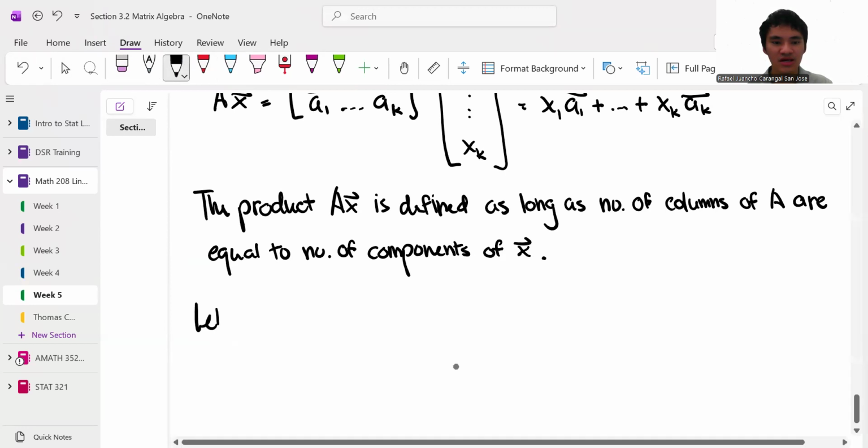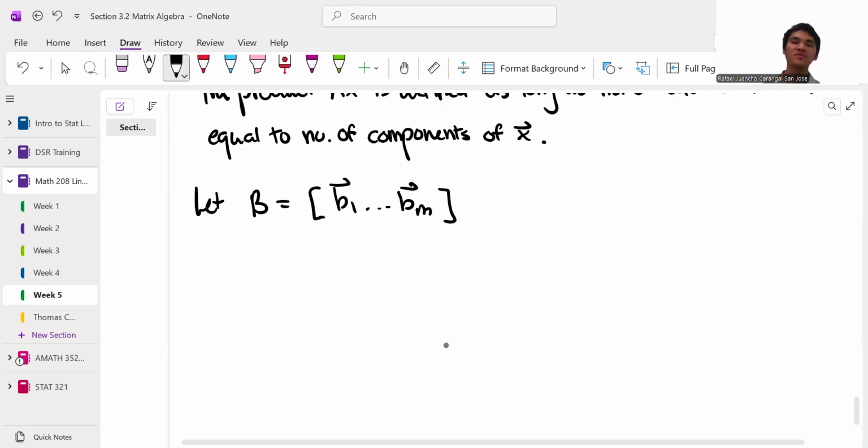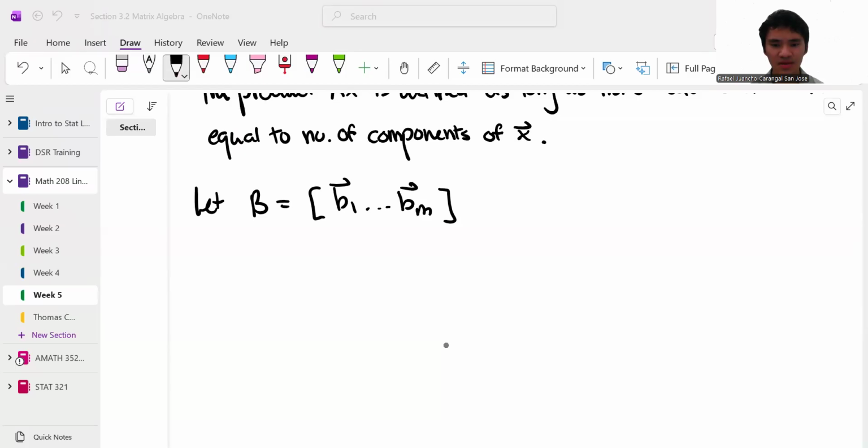Great. Now let's try, we let B be a matrix with these vectors. I think this goes all the way to M. So we can think about a matrix as a column of vectors. It has column vectors from 1 to M. So B has M vectors.